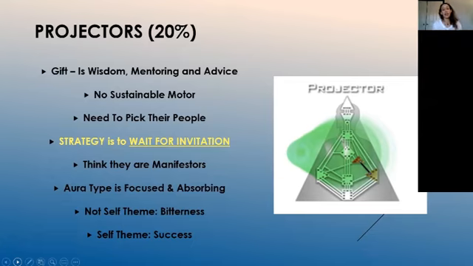The second thing I like projectors to know is that the majority of what they came here to do, their gift to humanity, is during dream time. So their sleep is very important to them. If you have a projector child, remember that you need to put them to bed before they get tired.